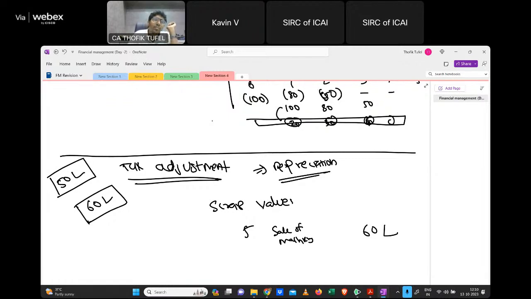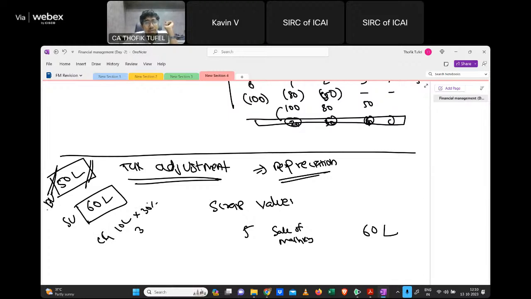Now if your book value is 50 lakh rupees and your salvage value is 60 lakh rupees, are you getting a capital gain or capital loss? You're getting a capital gain. What is your capital gain? 10 lakh. Suppose your rate of tax is 30 percent.